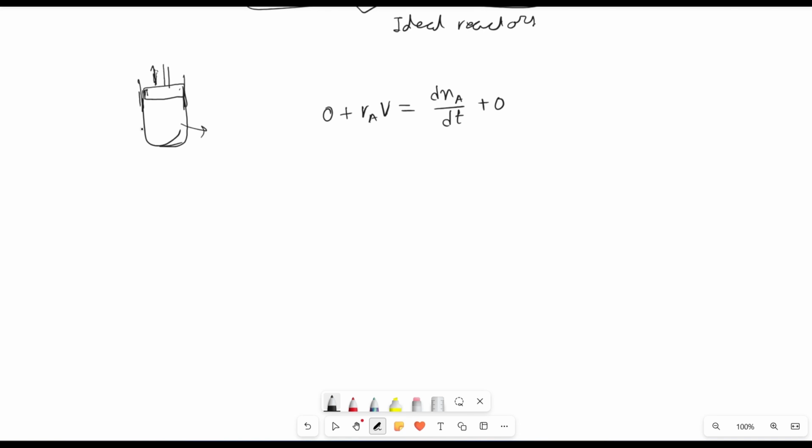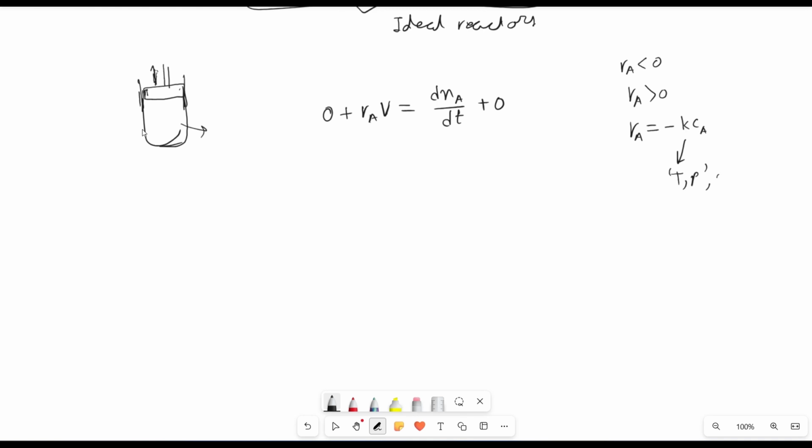N_A is the moles, V is the volume, and R_A is the rate of generation of species A. If species A is reacting, then R_A is negative, and if it's being produced, then R_A is positive. If species A is reacting, then R_A is mostly written as minus k times concentration of A, where k depends on temperature, pressure, or it may also depend on some other species if impurities are there.